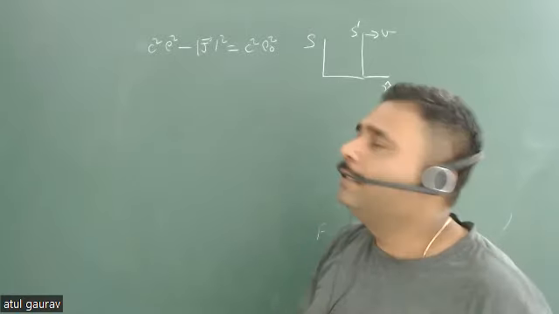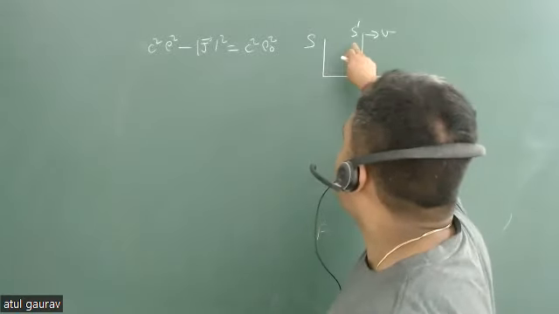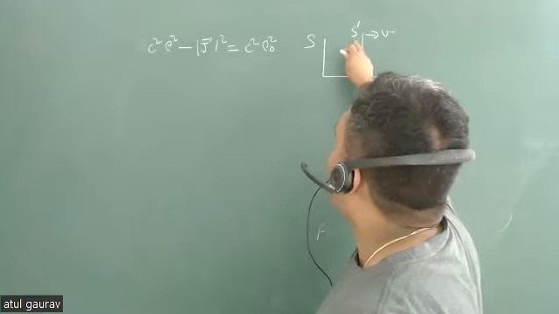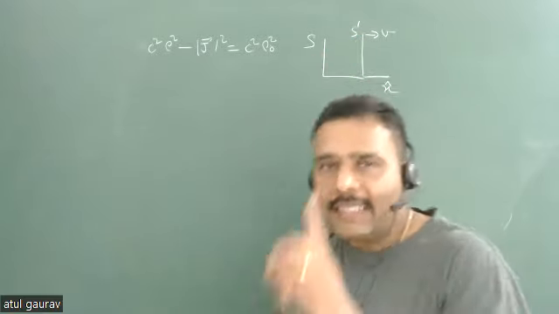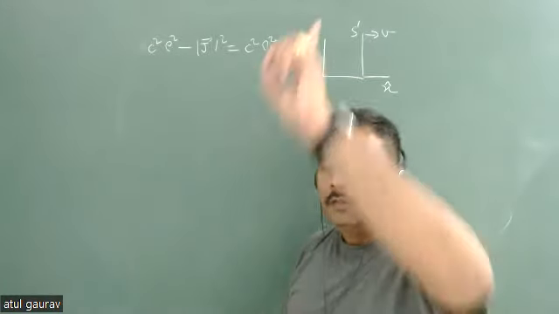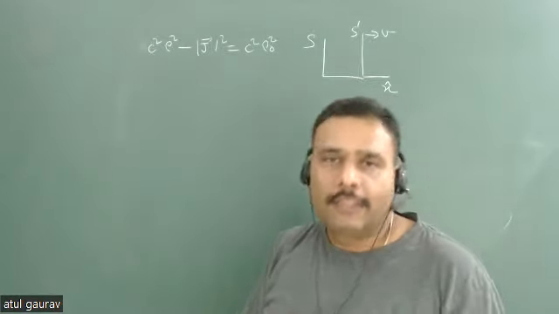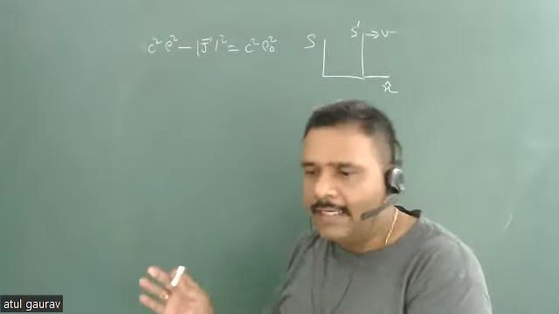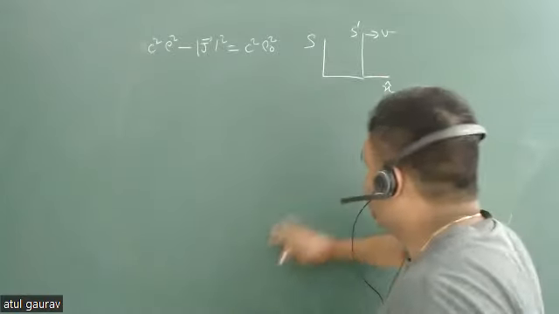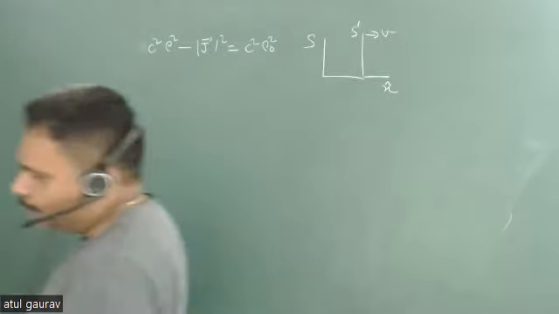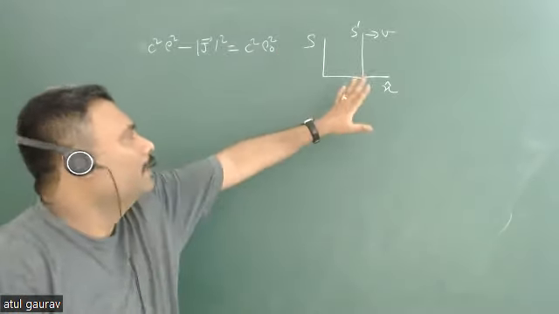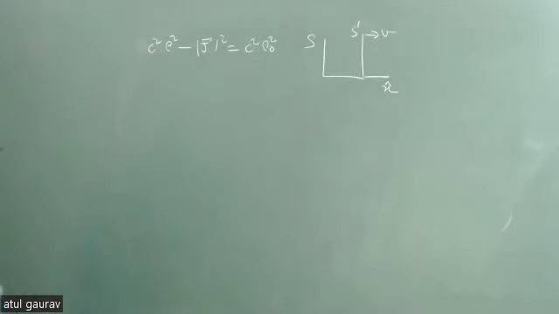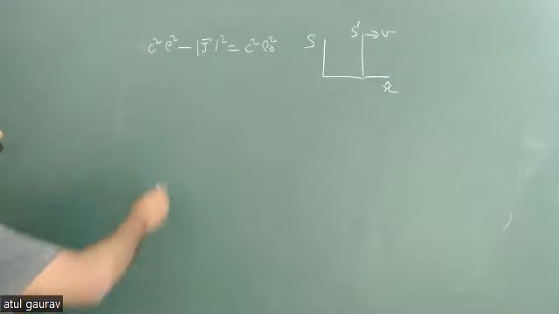Deliberately we are taking this as my X direction such that we can write the formula accordingly. Otherwise, the Lorentz transformation will depend on the relative velocity between S dash and S. If S dash is moving with respect to S along the Y direction, then obviously the Lorentz transformation will be along the Y direction. But here we are going for this simplistic, trivial convention.